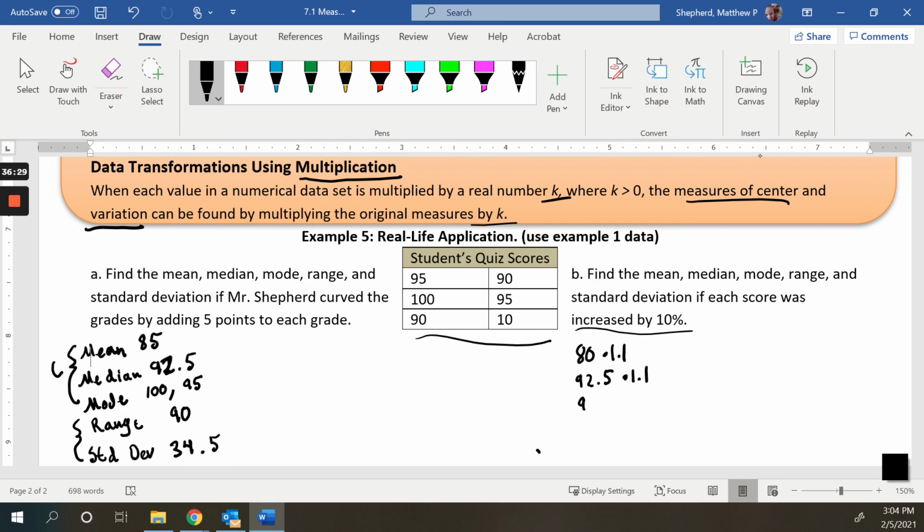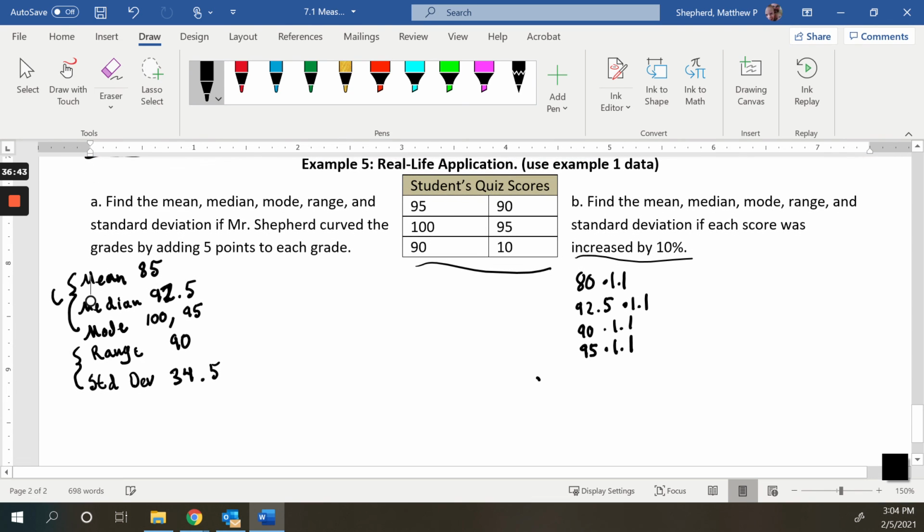The 90 and 95 of the mode, both of those are going to get multiplied by 1.1. And now this time, even the range and standard deviation, 34.5 times 1.1. I'm just going to multiply all of them.